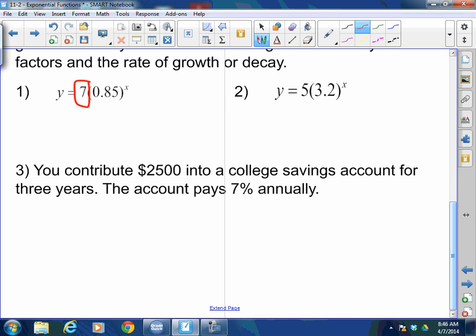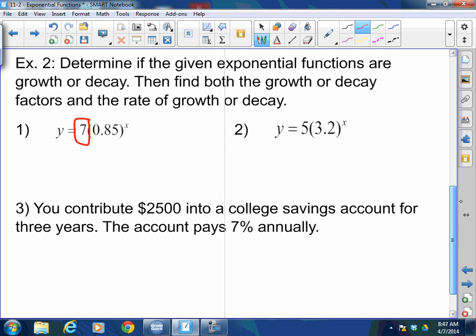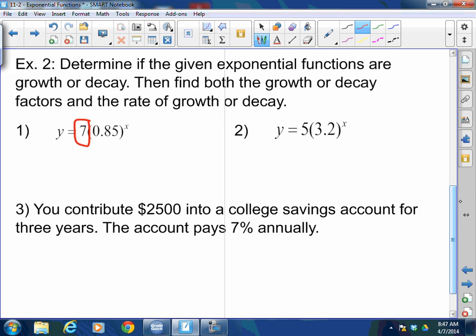So we had said for these two, let's just make sure we do it the right way. Determine if the given exponential functions are growth or decay. Find both the growth or decay factors and the rate of growth or decay. All right, so for this particular case, that is going to be growth or decay? Decay.